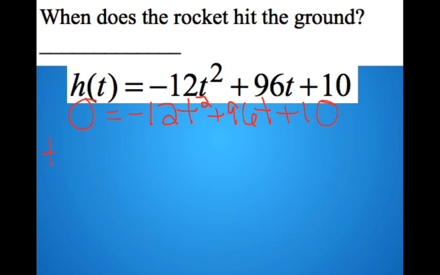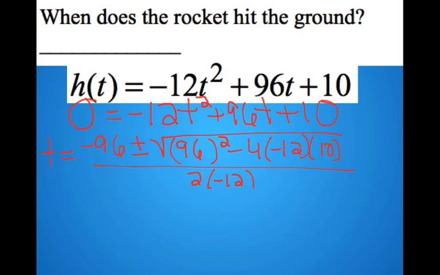So t equals negative b, so that's negative 96, plus and minus, wow, this will be big, 96 squared, so b squared, minus 4a, which would be negative 12, times the c, which would be 10, all that over 2 times the a, which would be negative 12. Definitely getting the calculator out for this one.